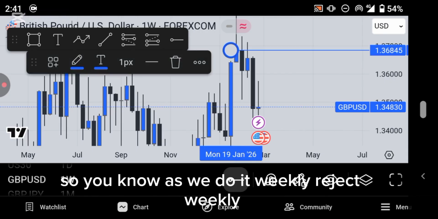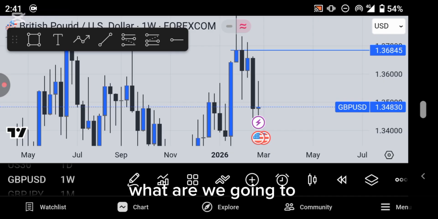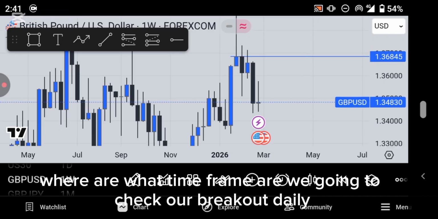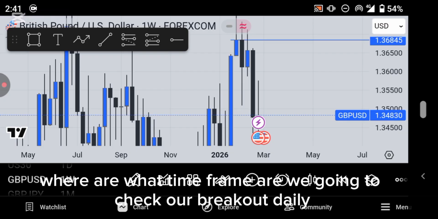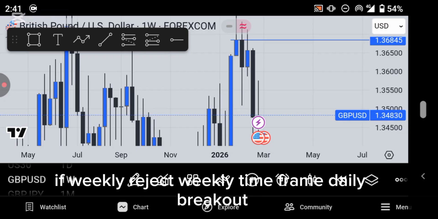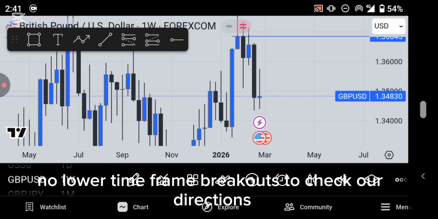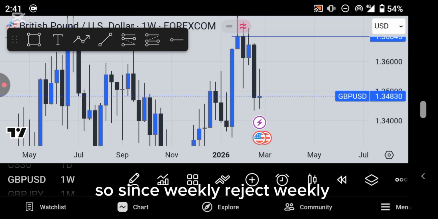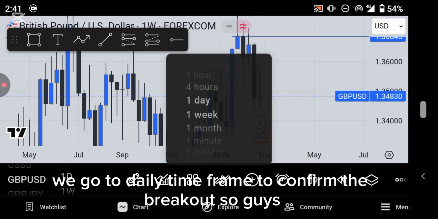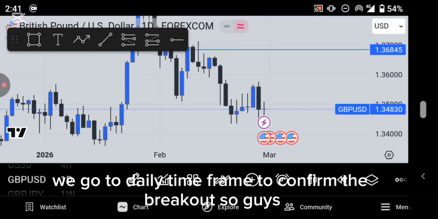So as we do it, weekly reject, what time frame are we going to check our breakout? Daily. If weekly reject, daily breakout. Higher time frame rejections, lower time frame breakouts to check our direction. So since weekly rejected, we go to daily time frame to confirm the breakout.